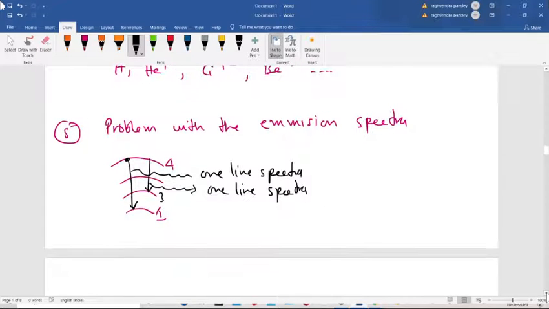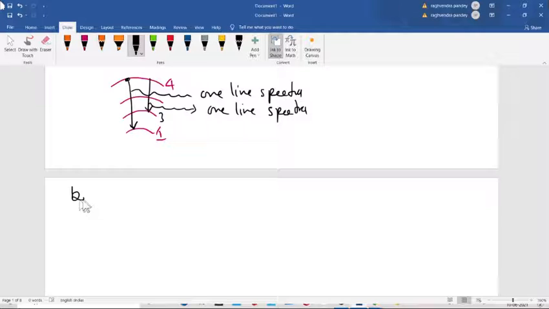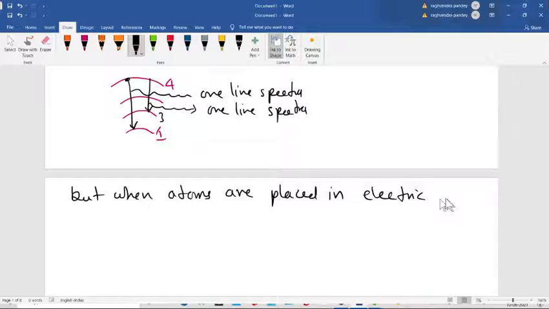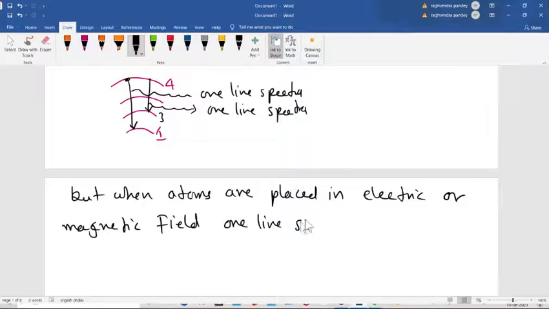But when atoms are placed in an electric or magnetic field, okay, one line spectra splits into multiple lines.